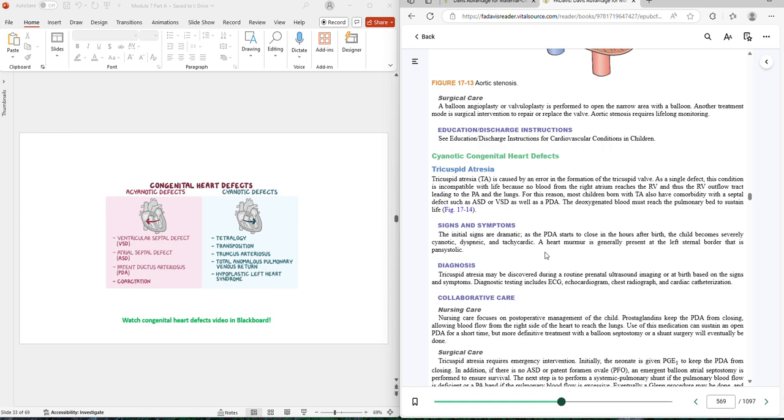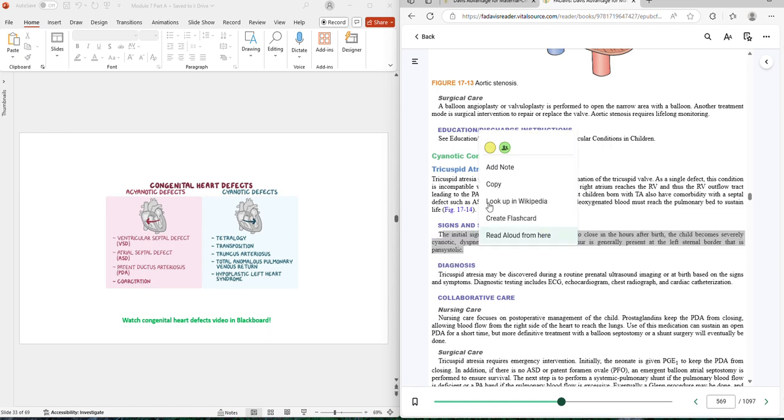Okay, the signs are very, very dramatic. We can lollipop. Okay, when that PDA starts to close, they're not making it. So it's hard to figure out what's going on because the PDA is what's keeping them alive. The opening between that ductus arteriosus, that patent ductus arteriosus, is what's keeping them alive.